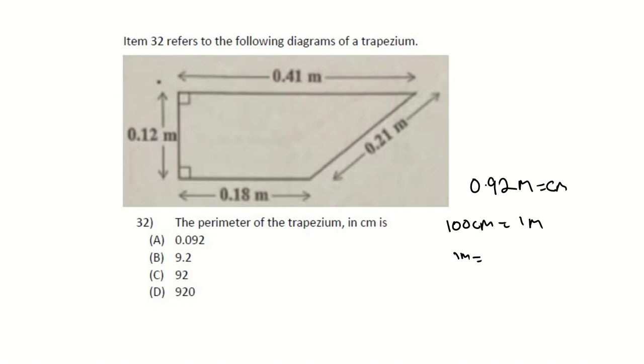If 1 meter is 100 centimeters, then 0.92 meters would be 100 multiplied by 0.92, which is 92 centimeters. So the answer is C. Right?